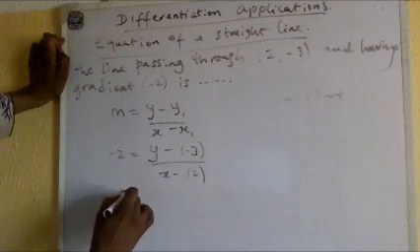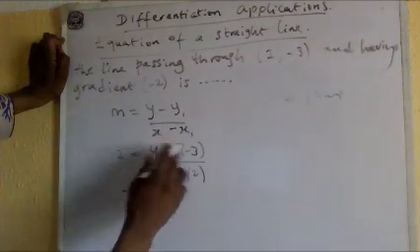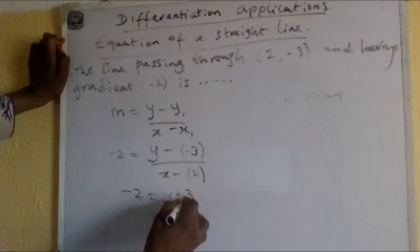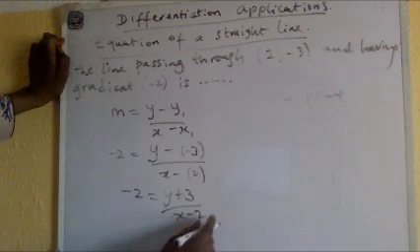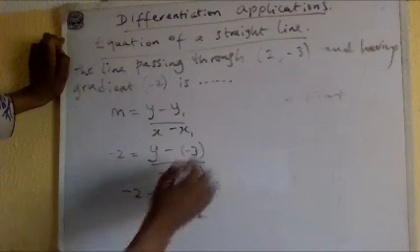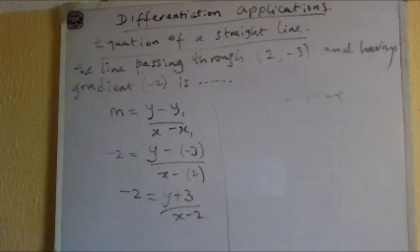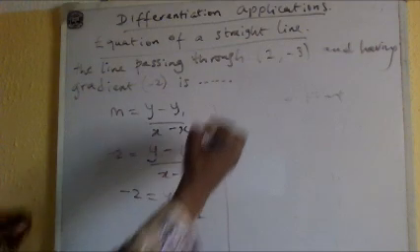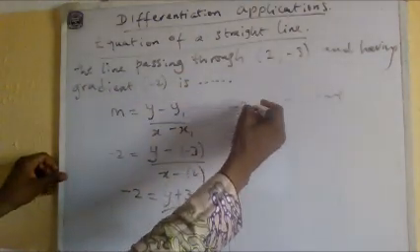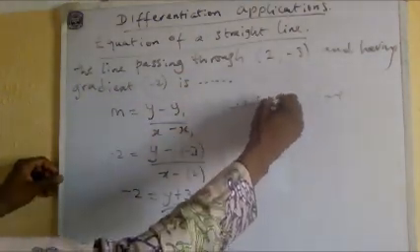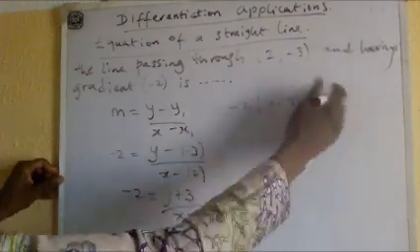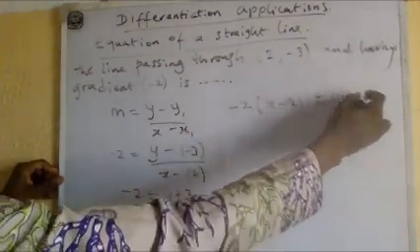So -2 is equals to y plus 3 all over x minus 2. Again, this goes up, and I have -2 open bracket x minus 2 is equals to y plus 3.